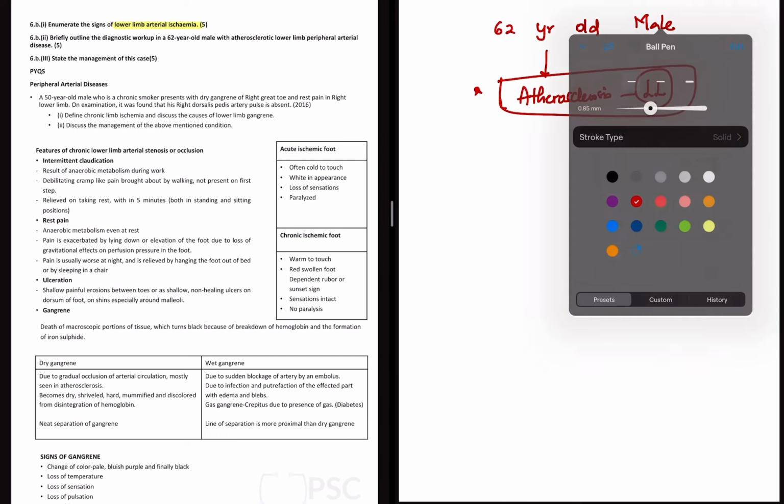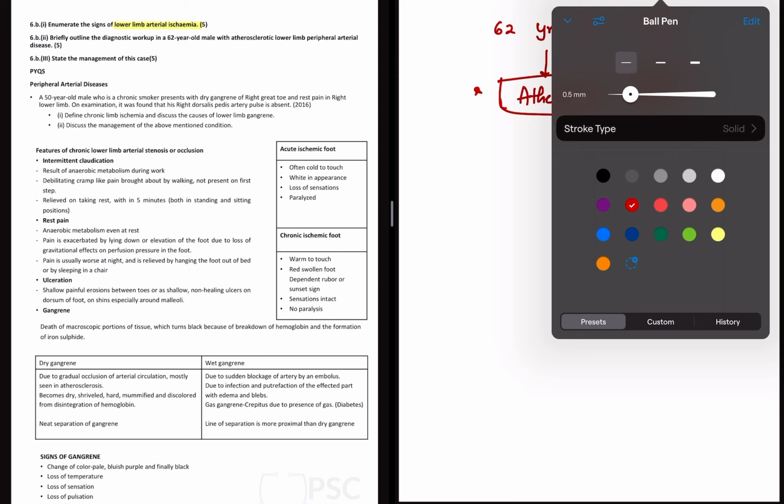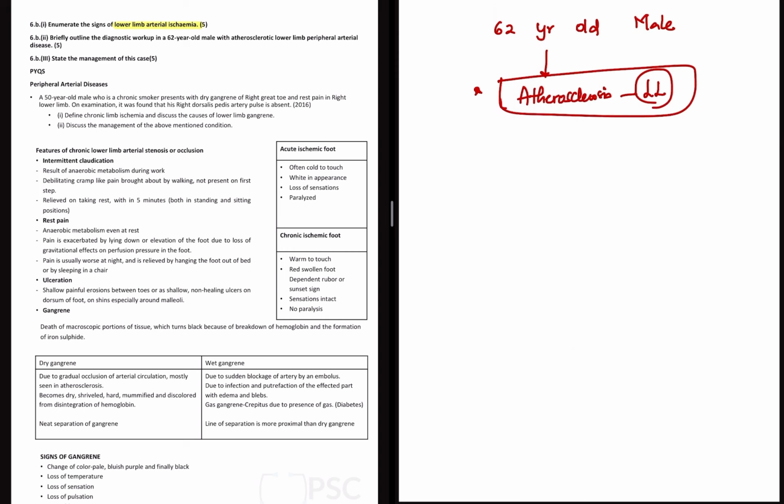When you want to do a diagnostic workup in these cases, you have to go for 3 important things. You have to examine, you have to do general investigations, and you have to do special investigations.